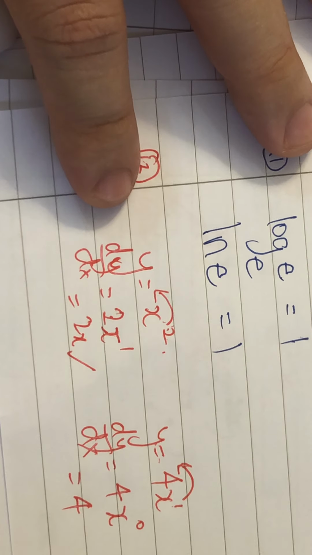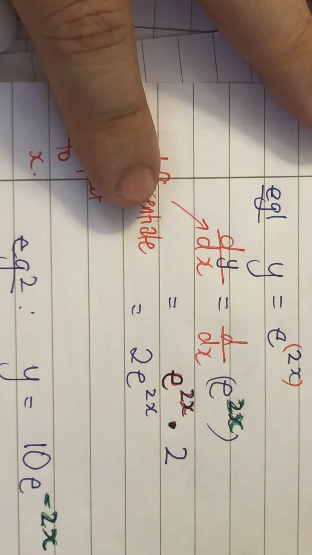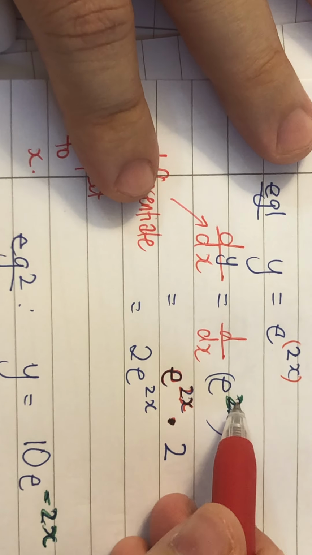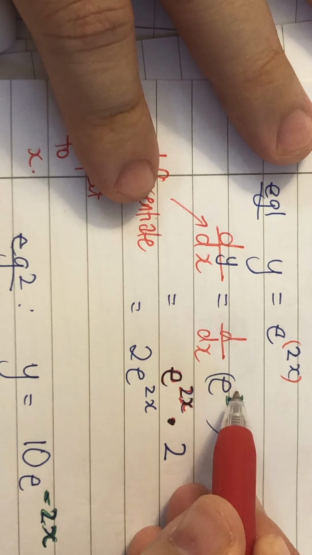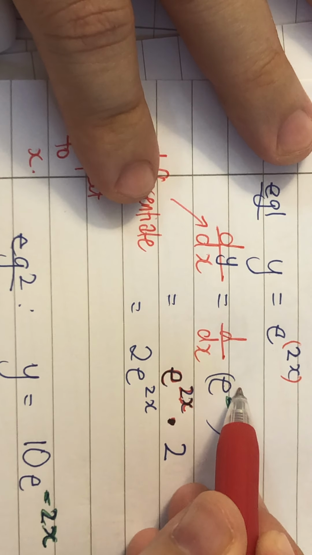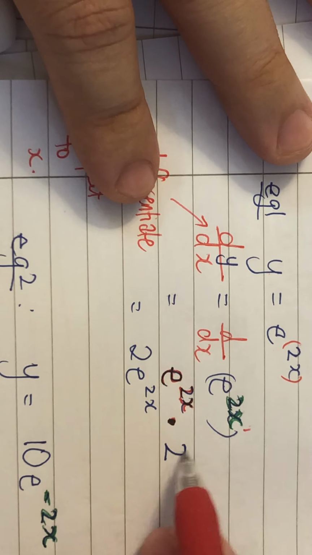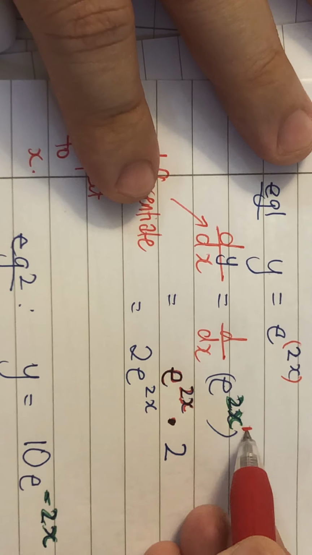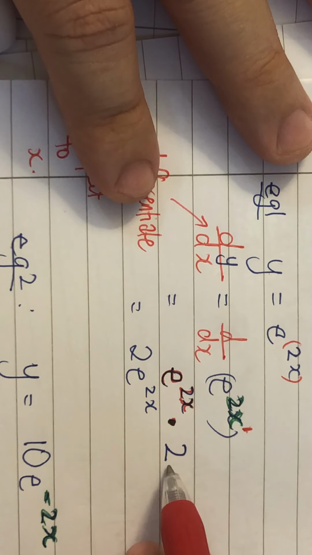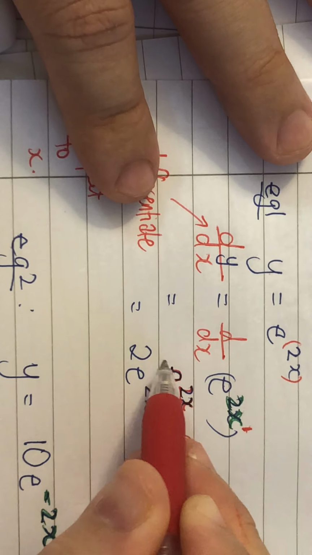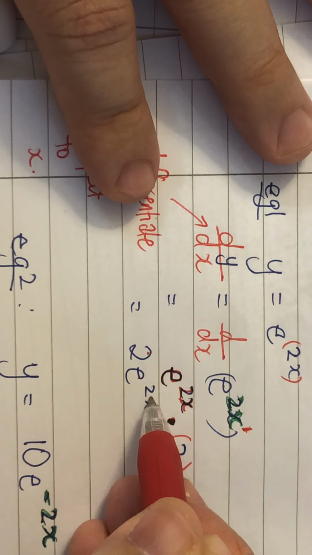So when I differentiate 2x, 1 times 2 is 2, then x to the power 0, and anything to the power 0 is 1, so the answer is 2. The answer is just 2 times e to the power 2x, that's all.